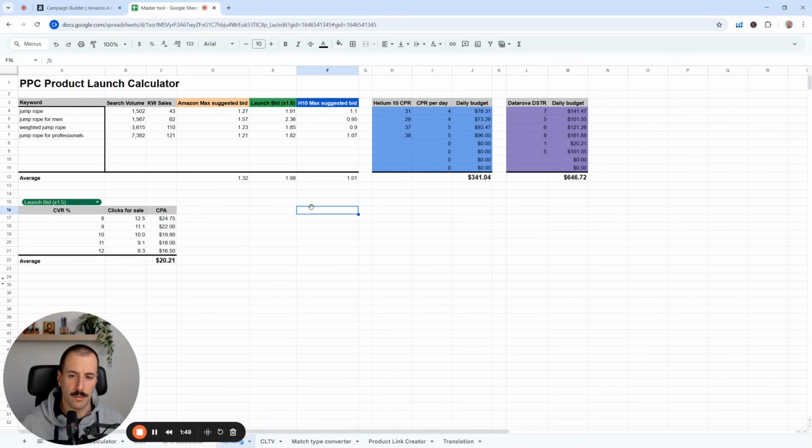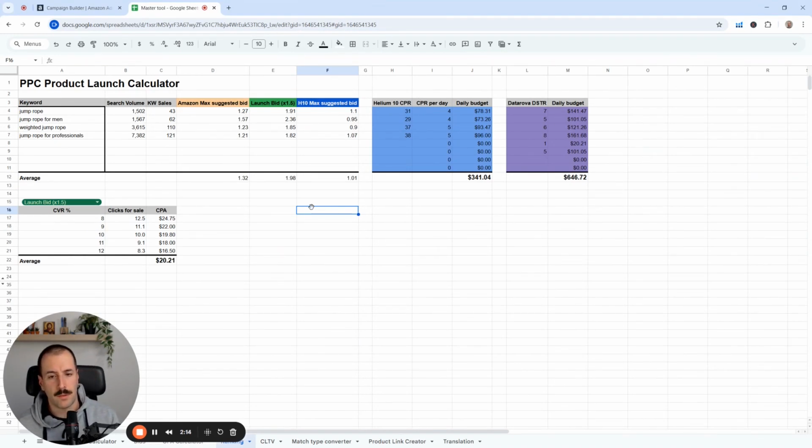So you can go with the maximum suggested bid that Amazon is giving you, or what you discovered using some other tools like Datarova or Helium 10 or whatever others are available, like Product Opportunity Explorer or the Search Query Performance report, whatever you like and prefer. At the beginning, you need to determine how aggressive you want to be.